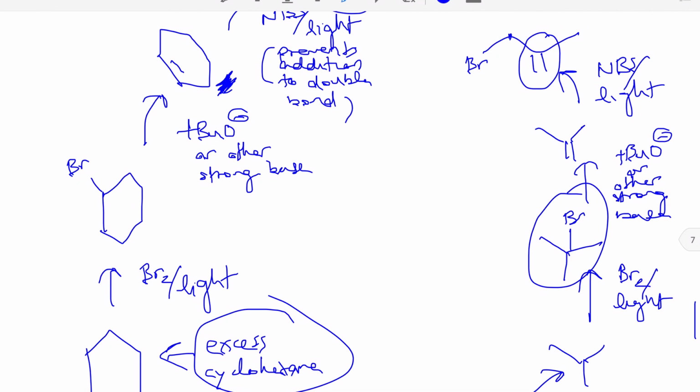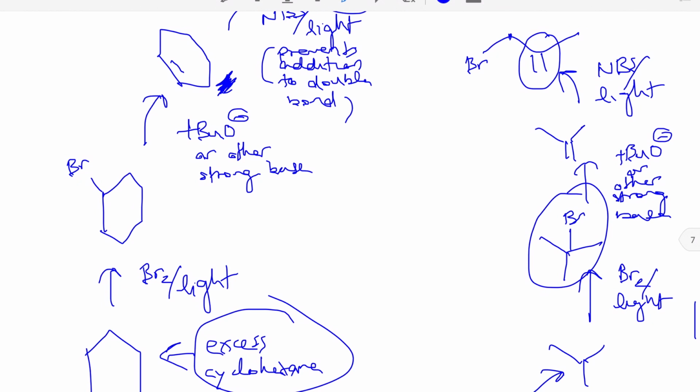There's no double bonds that are at risk. So if we just use bromine and light on an excess amount of isobutane, we can get isobutane molecules that have a bromine group attached.